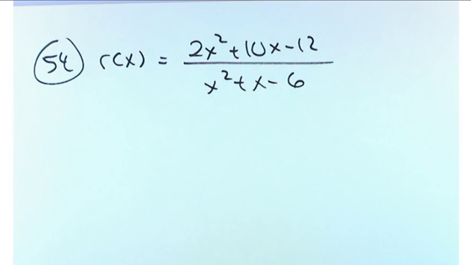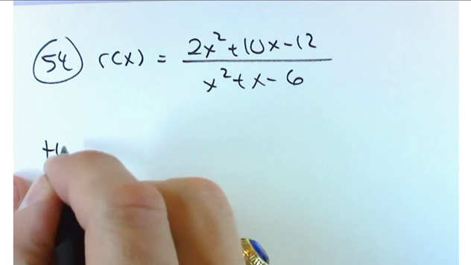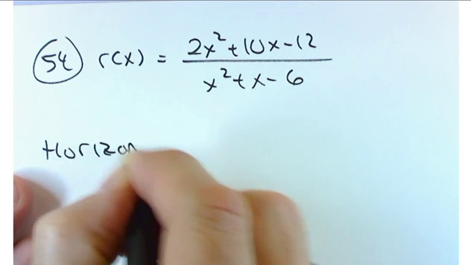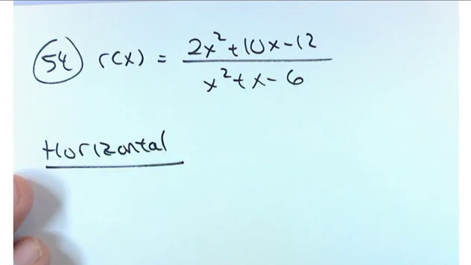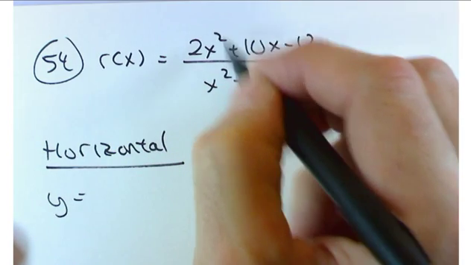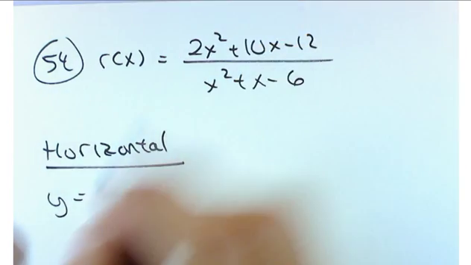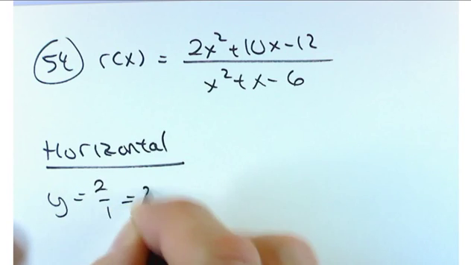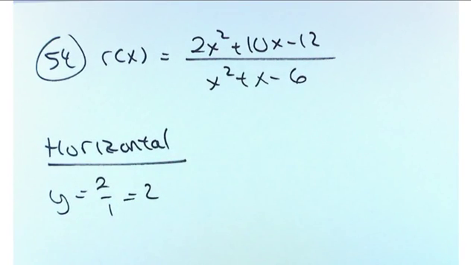Let's see what we can do. We'll start with the horizontal asymptote. What's that going to equal? Yeah, these two match. So 2 divided by 1 is 2. If you just write y equals 2, I'll be very happy.